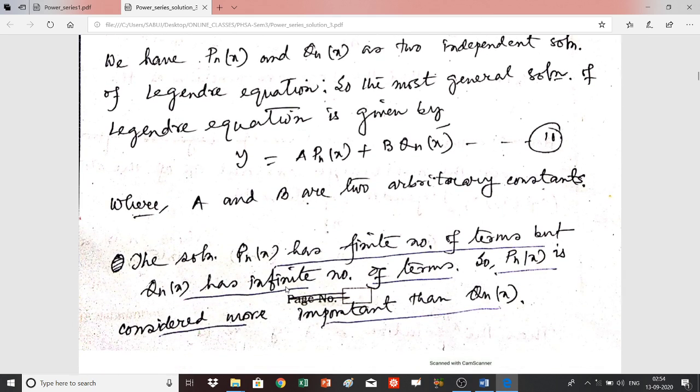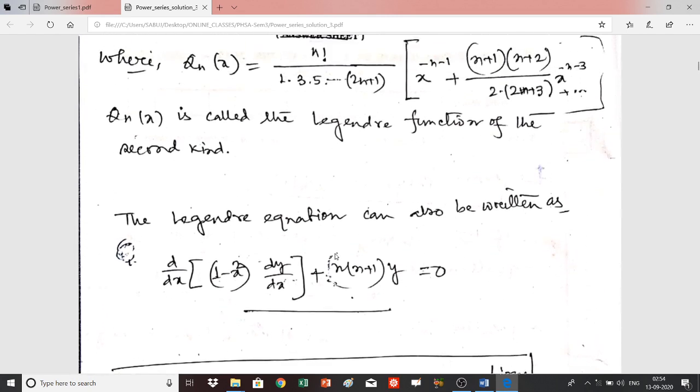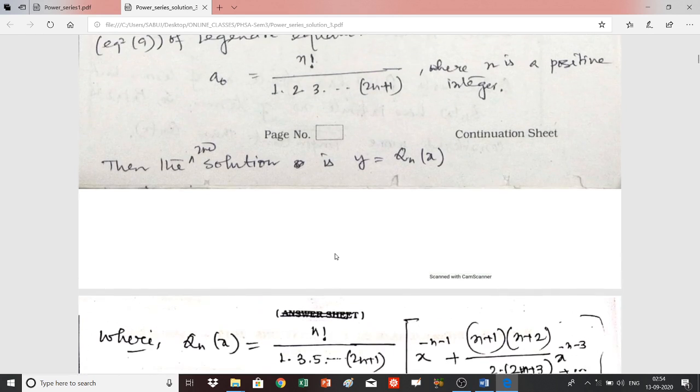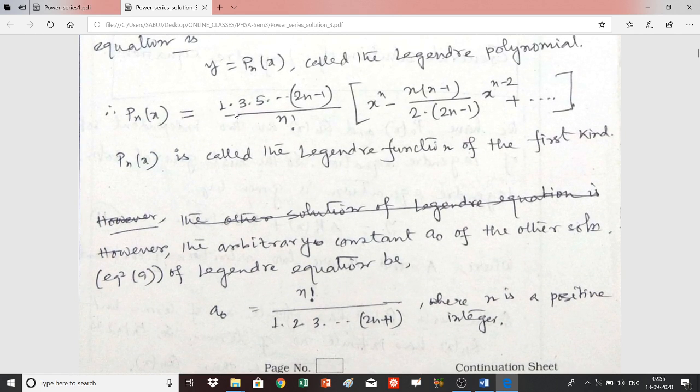You also note that the solution Pn(x), as we see in the previous pages, is equal to 1, 3, 5 and so on, and you can easily understand from these relations that Pn(x) will have finite terms.